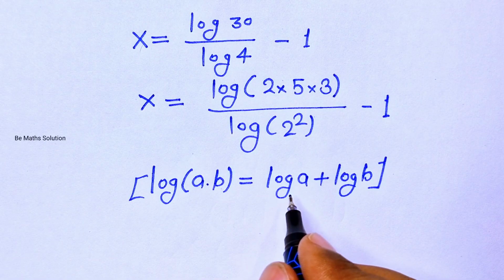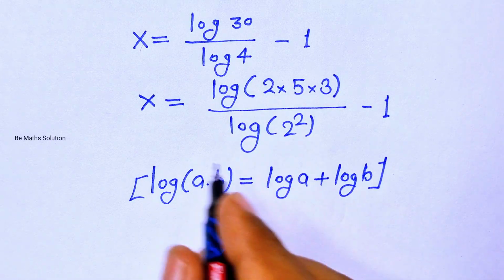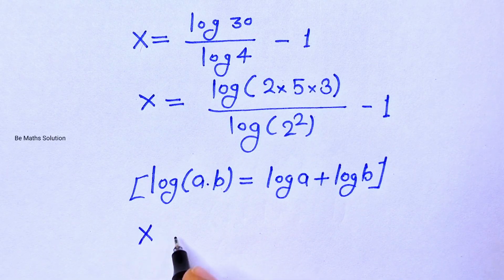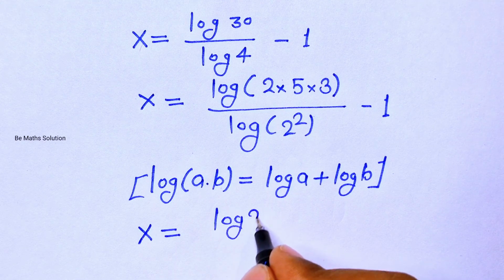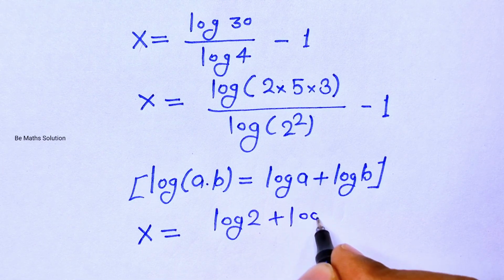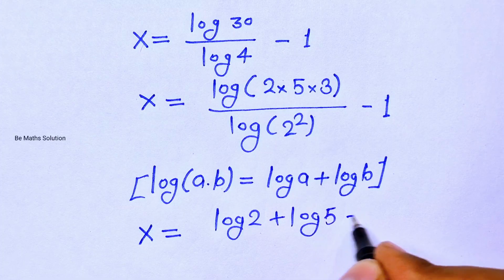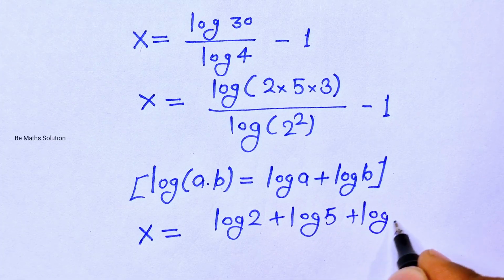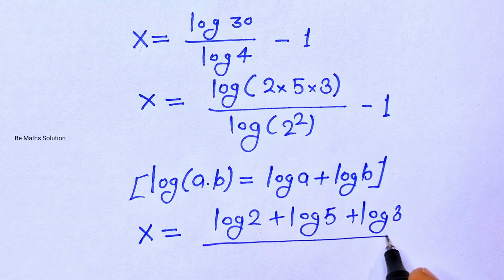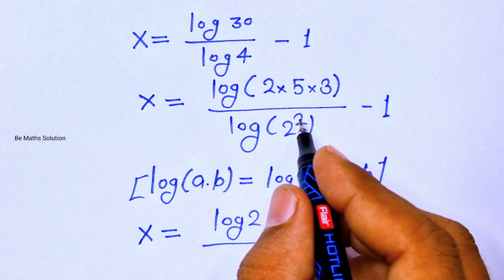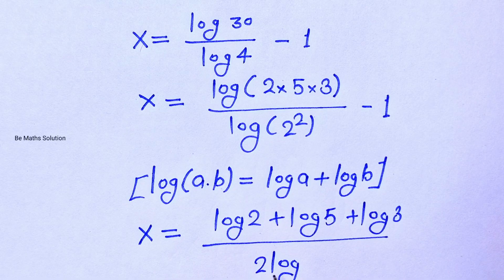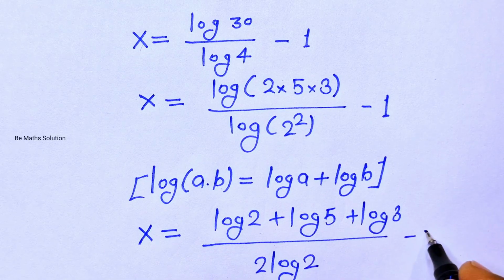If I apply this math formula, it will be x is equal to log 2 plus log 5 plus log 3, over log of 2 squared, where the power moves to the front, minus 1.